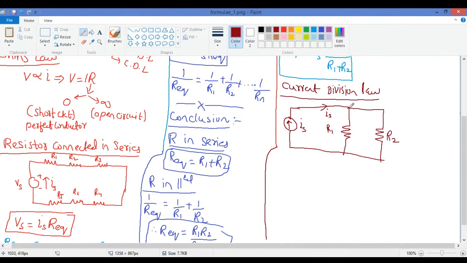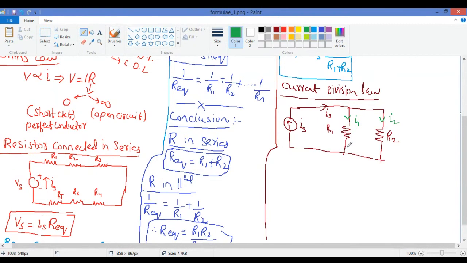You know that in parallel the current gets divided, but the voltage across them is the same. The voltage across parallel resistances is the same, so what is changing? Current is changing. So this Is is getting divided into I1 here and I2 here.